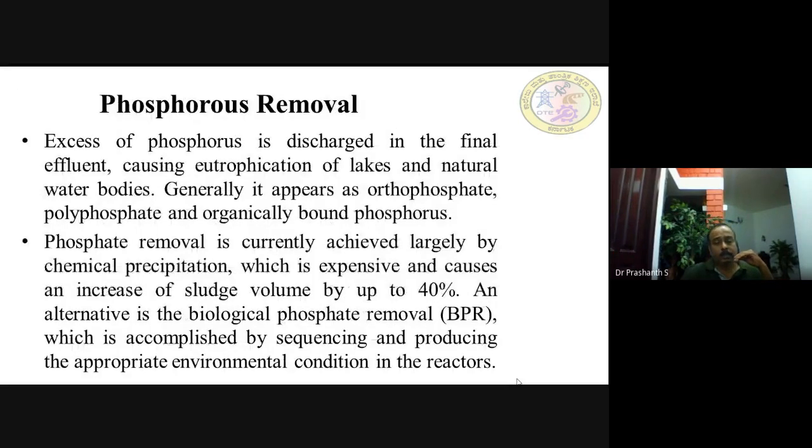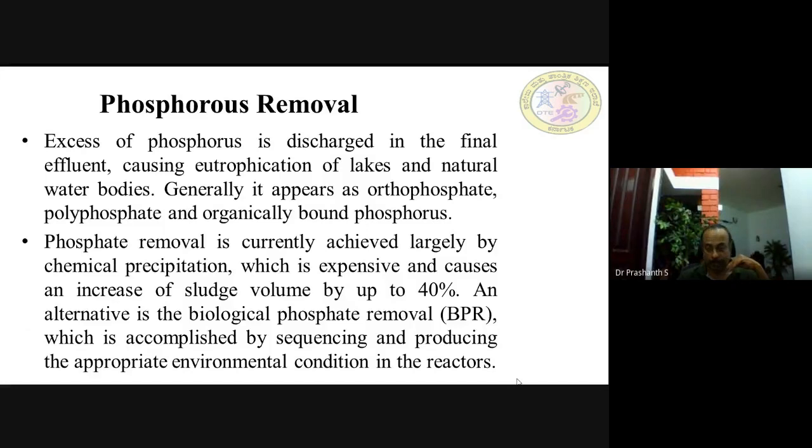Coming to phosphorus removal, phosphorus is another nutrient present in the wastewater coming out of secondary wastewater treatment. Phosphates and nitrogen are generally not removed to the level required for disposal of the wastewater into a nearby river.